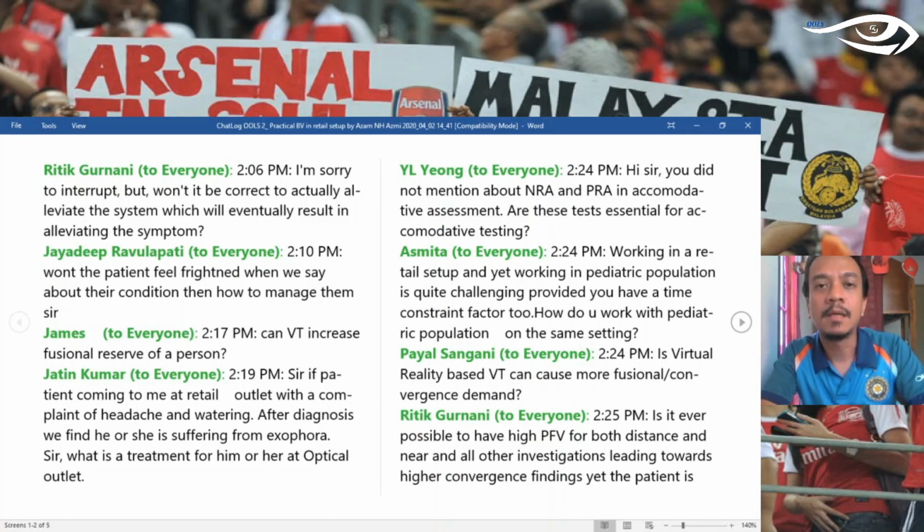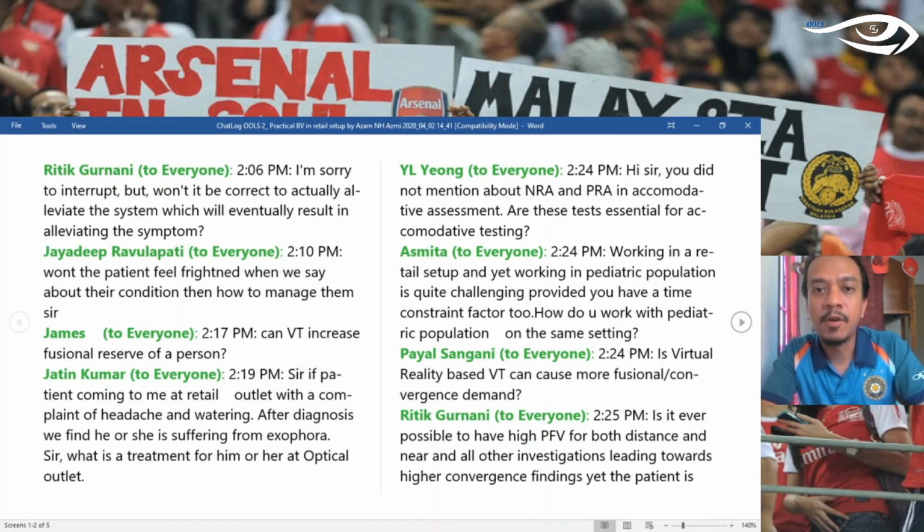So yes, it is still essential if you have the privilege of time to conduct the test. However, I'm talking about the context of retail practice. It is more practical to conduct the tests that give you enough information to make a proper diagnosis and plan for proper management as well, right?